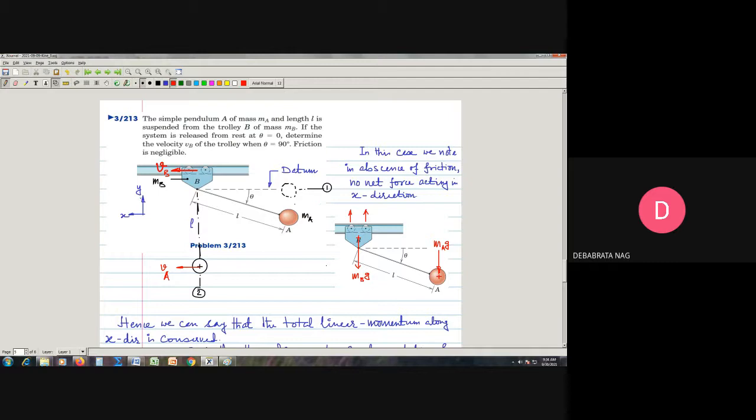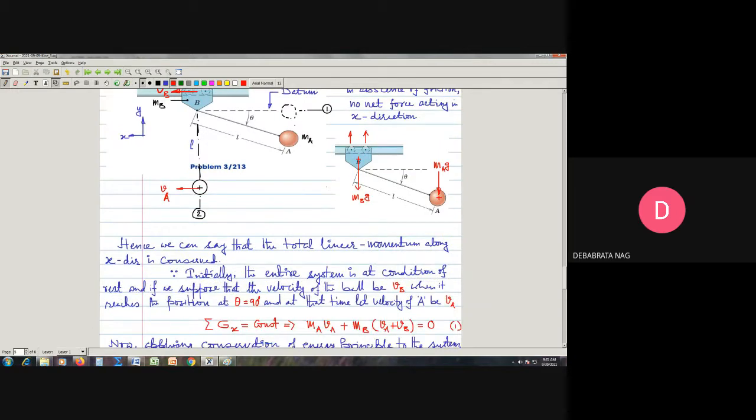If I take the vertical direction as the y-axis and the horizontal direction as the x-axis, we note that if there is no friction present in this trolley system, there is no net force acting along the x direction. So since there is no net force acting in the x direction, we can say that the total linear momentum of the system along the x direction is going to be conserved.